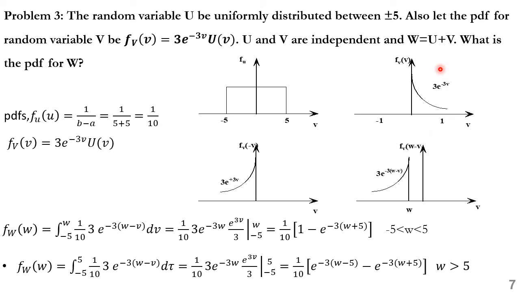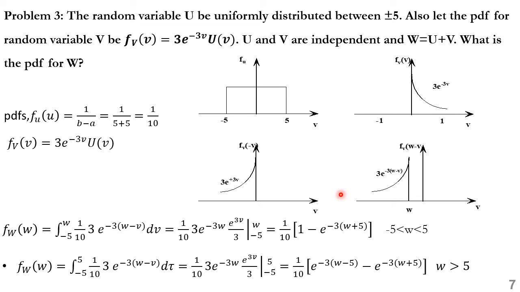We need to convolve this with this. So let us take the first interval. When we convolve, we scroll this over this till w reaches minus 5. Its fw of w will be 0 because there is no overlap.